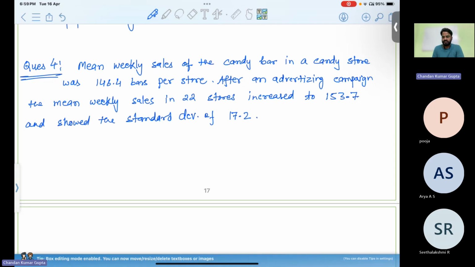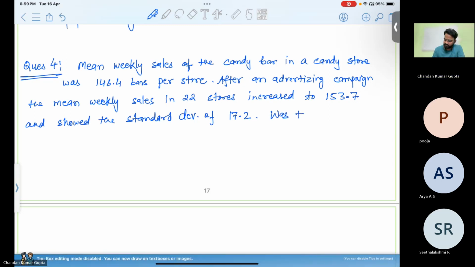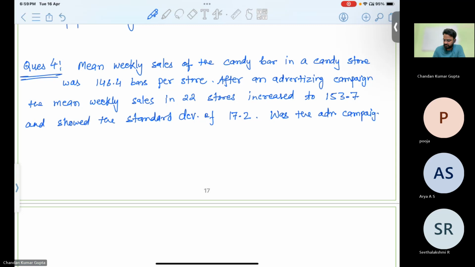So the question is: was the advertising campaign successful at 5% level of significance?